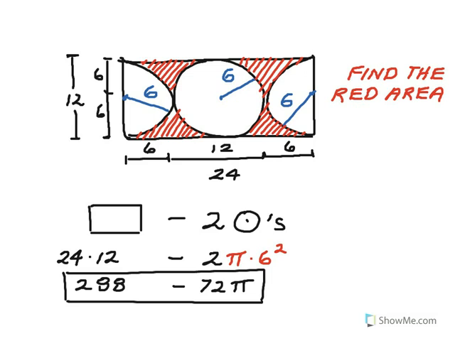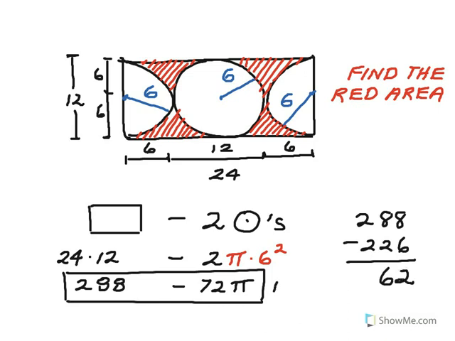If I wanted a decimal approximation, I would multiply 72 by approximately 3.14, and I would get 226. So I could say the rectangle minus the circle area is 288 minus about 226, which is about 62 square units.